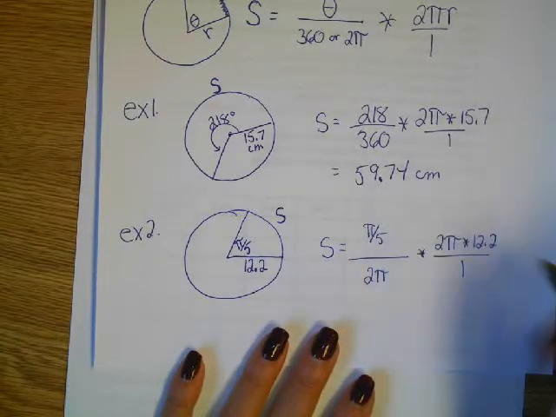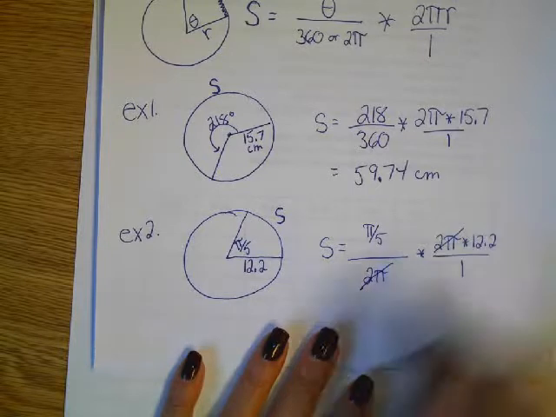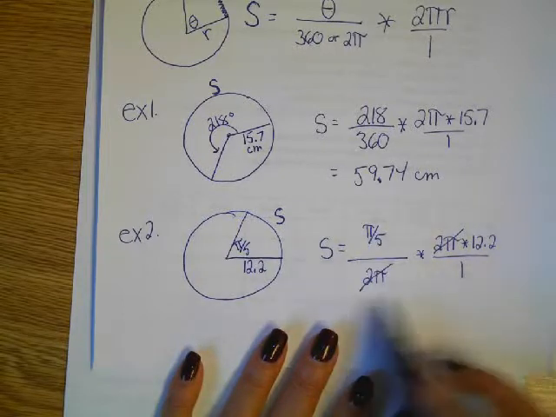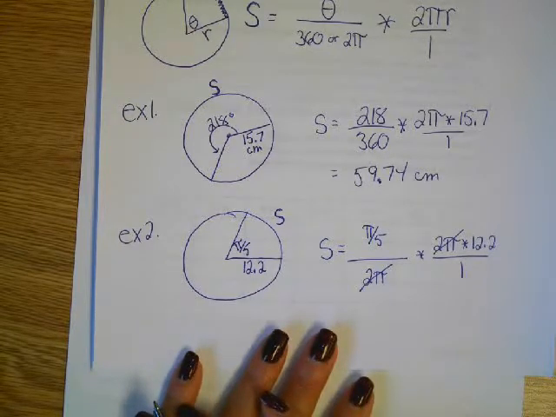The reason I picked 2 pi r instead of pi d is that when it's a radian, those just cancel out nicely. You don't have to deal with it. If you did pi d, you'd have to actually divide by the 2 pi. So that's why I chose the 2 pi r one. So now it's just calculator work.